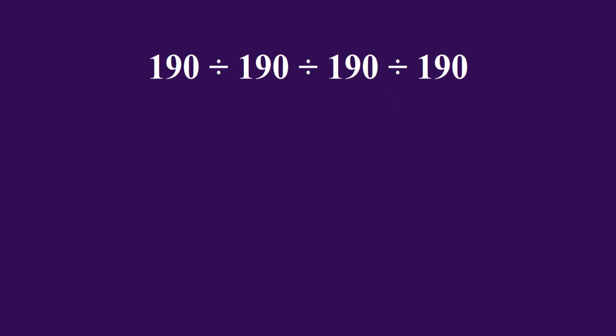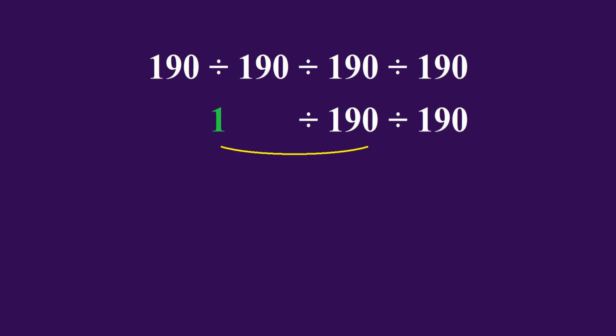So we have first this division, 190 divided by 190 equals 1. So we have 1 divided by 190 divided by 190, and we can write this part as 1 over 190 divided by 190.